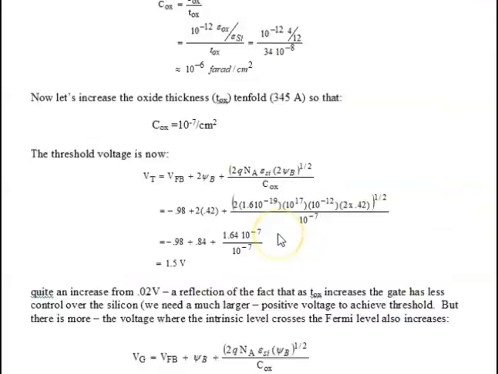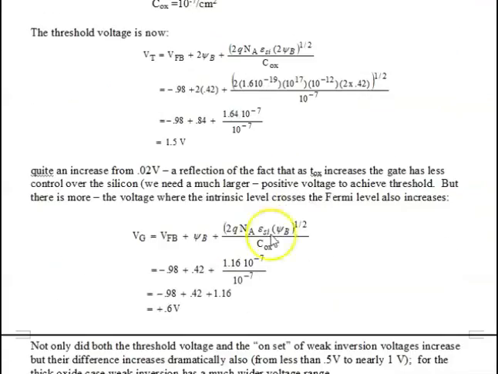And let's do that again. Same deal. Flat band voltage, but here instead of 2 phi B, 2 times the bulk voltage, we have 1 times the bulk voltage, so it's 0.42 here, and we calculate all that out, and we get a value of about 0.6 volts.